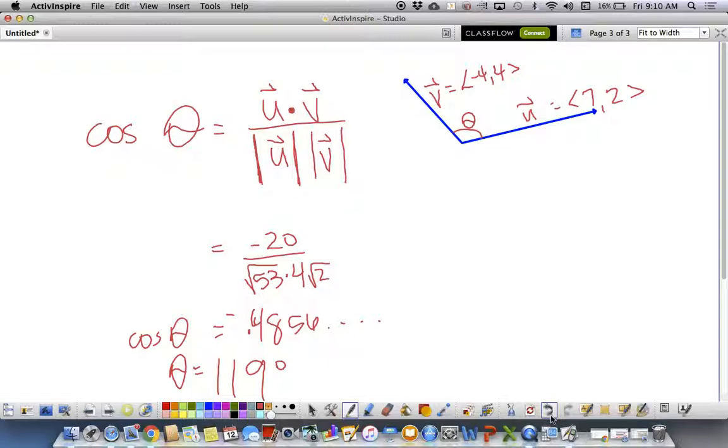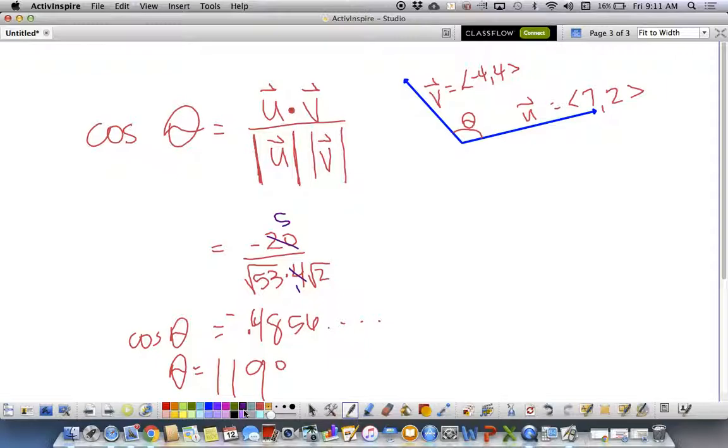Wouldn't you combine those two square roots and just get -20 over 53.4? Say that again. Couldn't you just multiply 53.4 times the square root of 2, and then that would give you -20 over 50? I mean, you want to get real crazy? Reduce this. Yes, we want a decimal though.